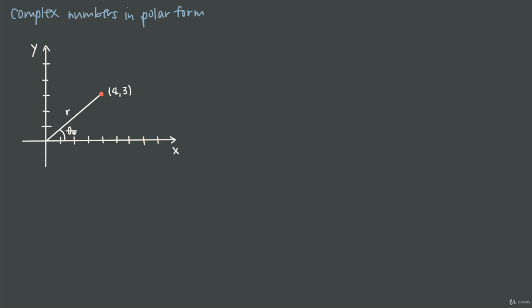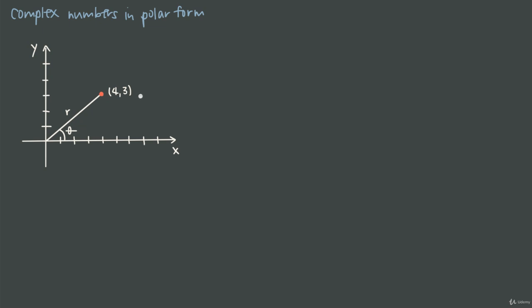The first thing we want to be able to do now that we know about polar form is to convert from rectangular form to polar form. So if we are given a point in rectangular coordinate space like 4, 3, how do we convert it to a point in terms of r and theta?